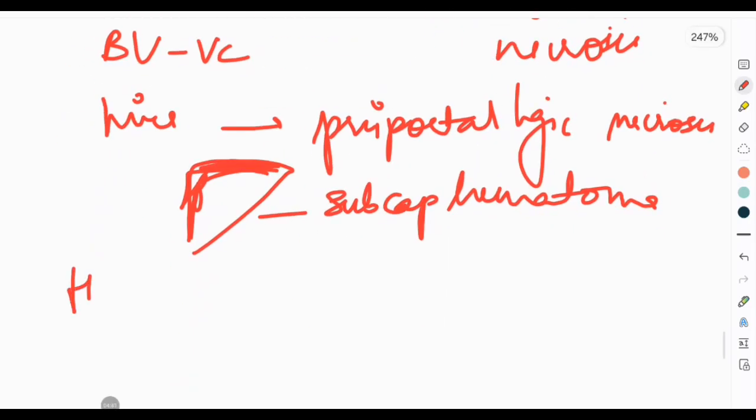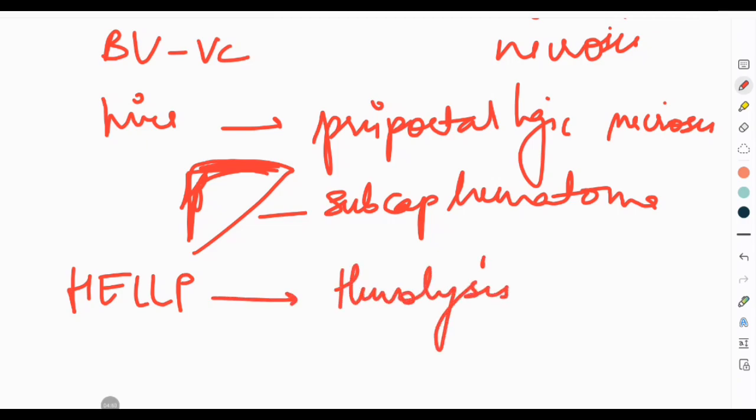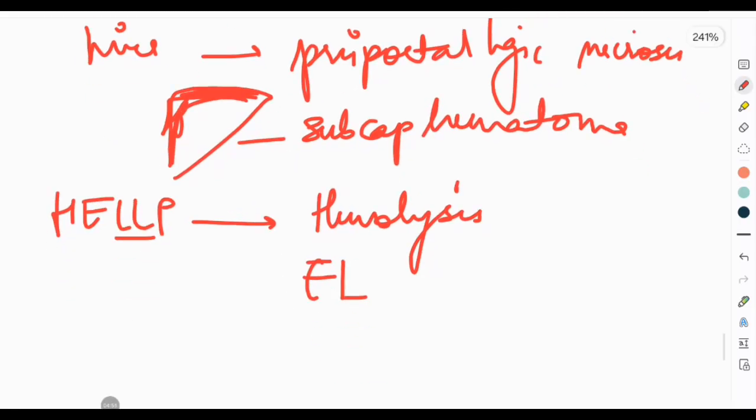And another one is HELLP syndrome. Hemolysis, elevated liver enzymes, and low platelet count, less than 1 lakh.